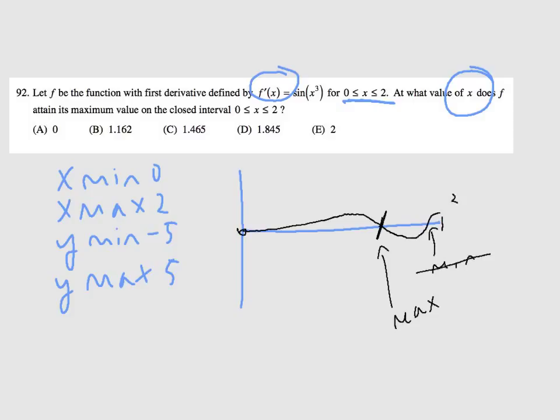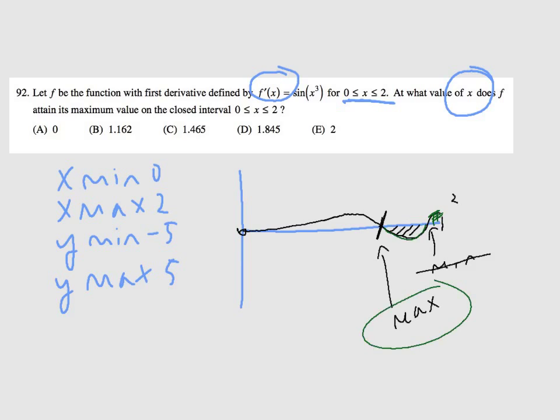The reason why I don't have to do that for this problem is it's very clear visually, and your calculator is not going to make this mistake, that the amount that we're decreasing here is much more than the amount that we're increasing right here. So if we're decreasing more than we're increasing, well then this has to be the absolute max.